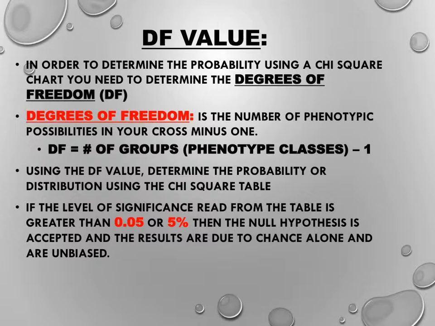If your level of significance is greater than 0.05, then the null hypothesis is going to be accepted, and we're pretty much saying that the results we see are due to chance alone, and they are unbiased. But if the level of significance is smaller than 0.05, then the null hypothesis is going to be rejected, and the results are due to something other than random chance.